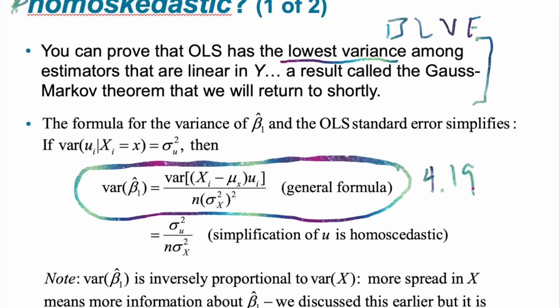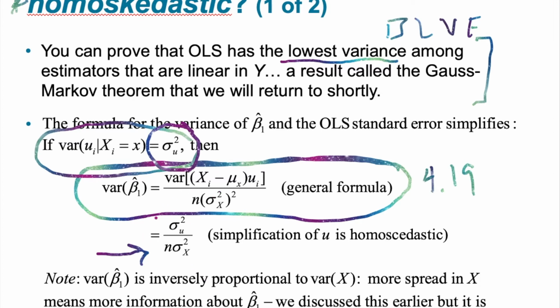This is the variance of beta 1 hat, and this is the heteroskedastic robust standard error. But if the conditional variance of U given x is equal to sigma squared U, in other words, it's constant, then equation 4.19 is going to simplify to this equation here.